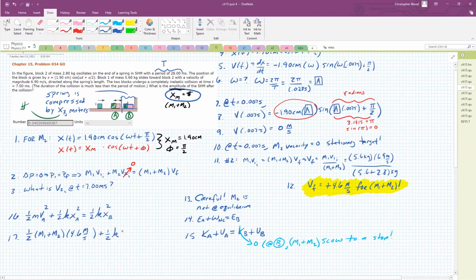You know what that is? x_A is 0.019 meters squared. Okay, so a note about that here as well. At impact, M2 is at maximum stretch, maximum elongation. We showed that.